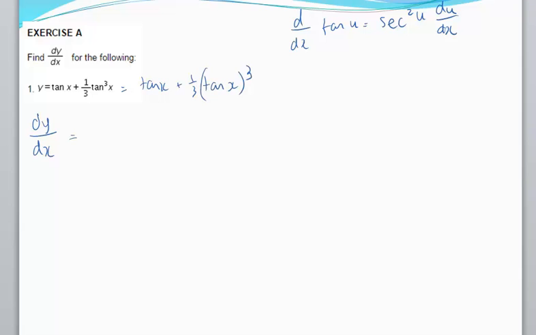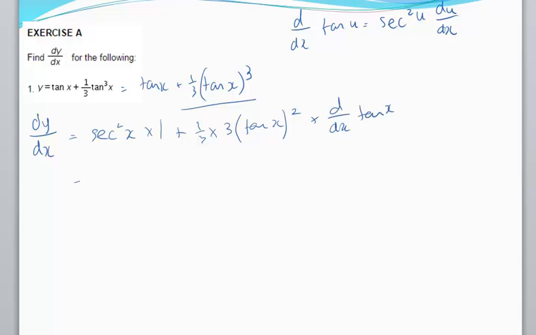So here we can differentiate our tan of x. That just becomes sec squared x, and then for our du on dx we differentiate x and we get 1, so multiply it by 1. Now we have our second part over here. So bring our 3 down, so it'll be a third multiplied by 3 tan of x, and we subtract 1 from the power, so squared, multiplied by the differential of our middle part, d on dx of our tan of x.